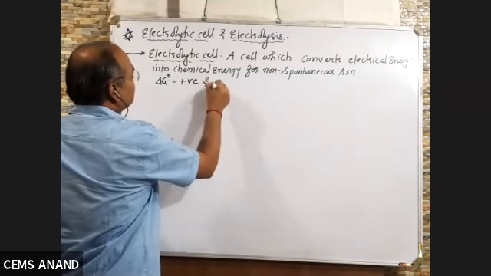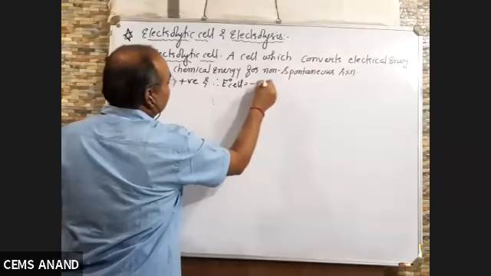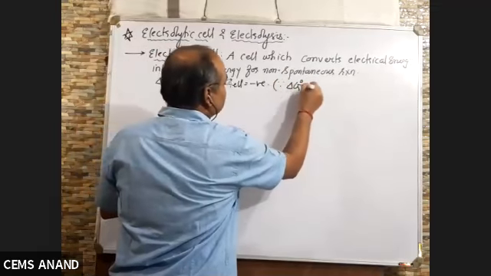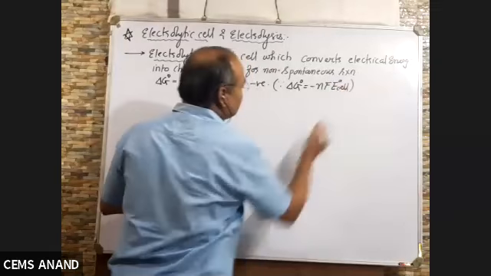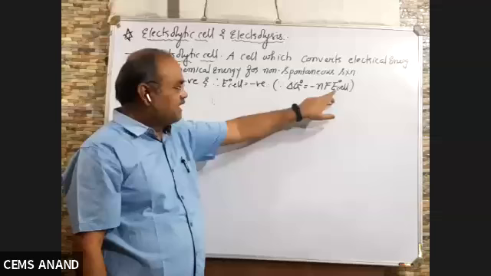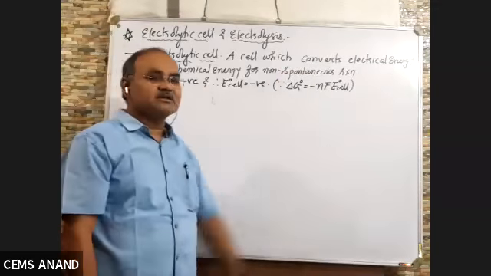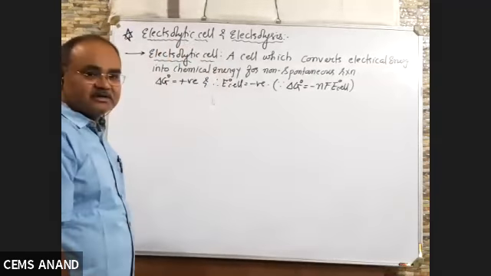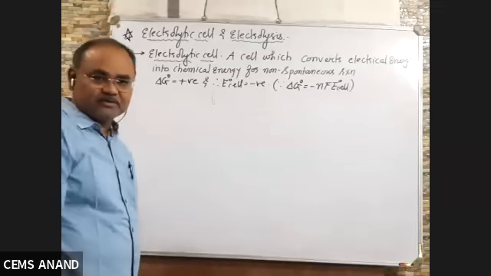and therefore E0 cell will be negative, because we know delta G0 is equal to minus nFE0 cell, right? Now you can see here, if E0 cell is negative, then this minus and minus will become positive, and delta G0 positive indicates the reaction is non-spontaneous, and non-spontaneous reactions are carried out in electrolytic cell. We have studied about copper sulfate, impure copper at anode, pure copper at cathode, right?